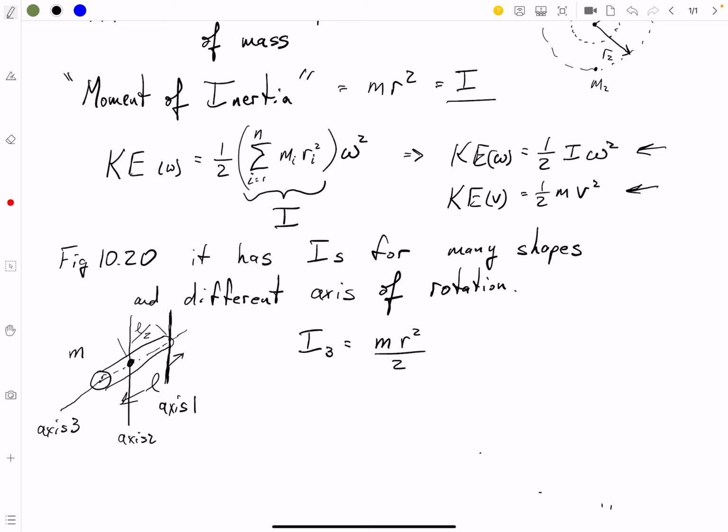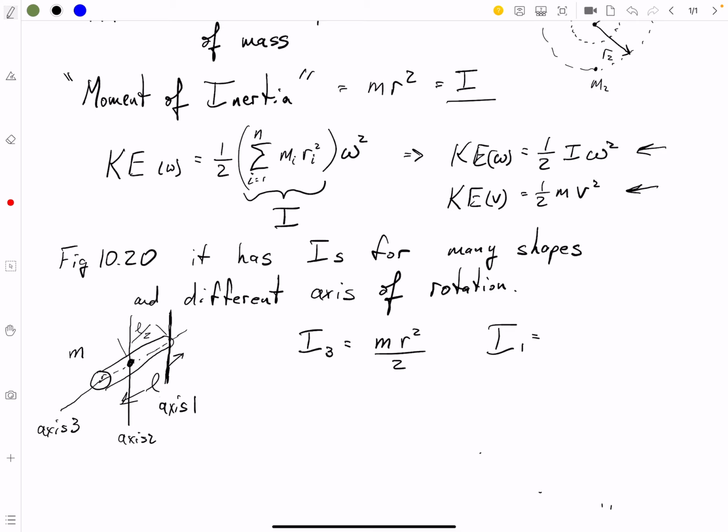What if we were to go about axis 2? No, let's do axis 1 first. Okay, about 1. So what are we dealing with? We're dealing with the picture on the right, 3 down.